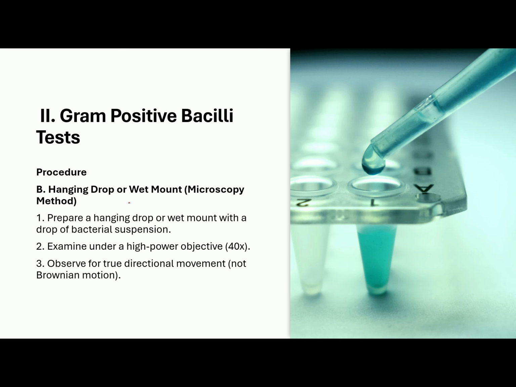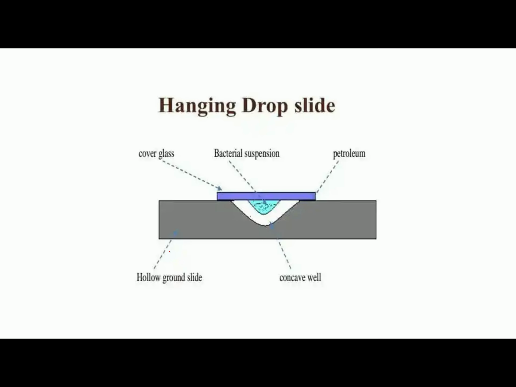Then another one is the hanging drop. This was supposedly done in the first part of the subject. Prepare a hanging drop or wet mount. Examine under a high power objective. Observe for true directional movement, not Brownian movement. You would use a biconcave or concave slide, which has a concave well.